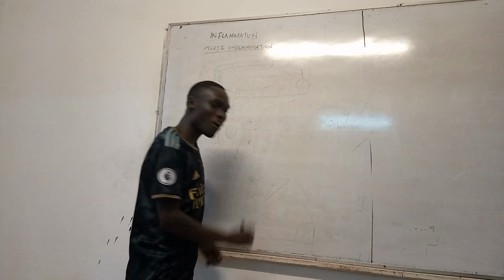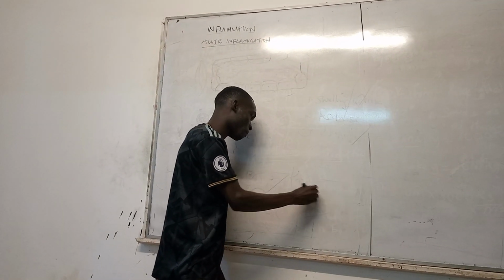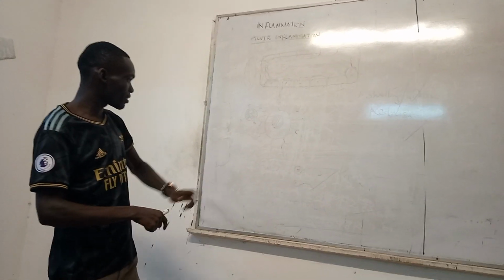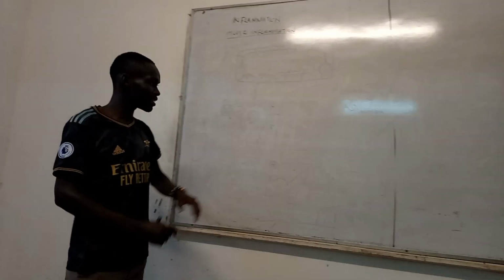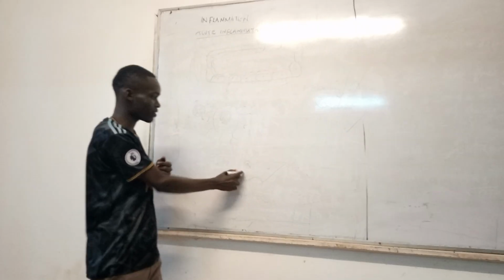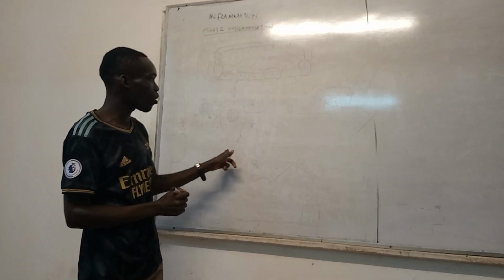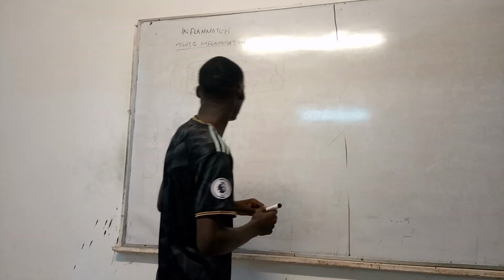They get more stimulated. Guess what happens? It brings about pain. Then there is bradykinin, which has the tendency of activating the pain receptors. And the net effect of all that is pain.